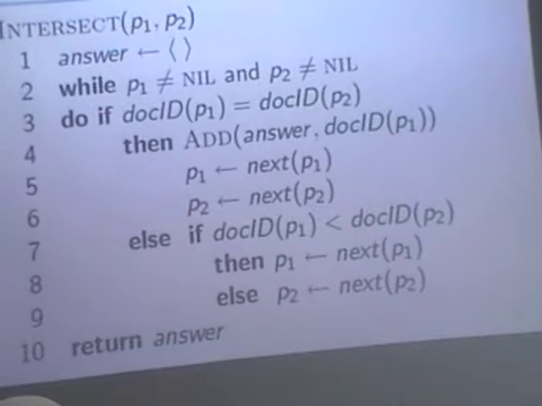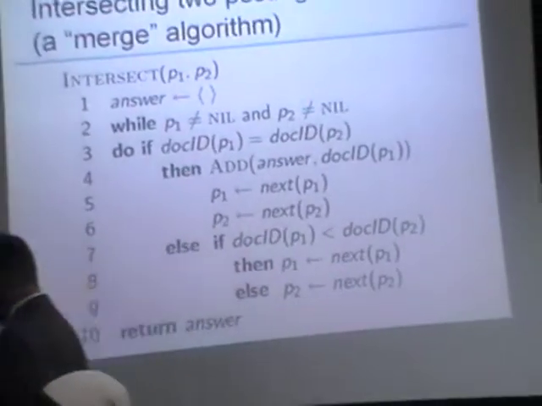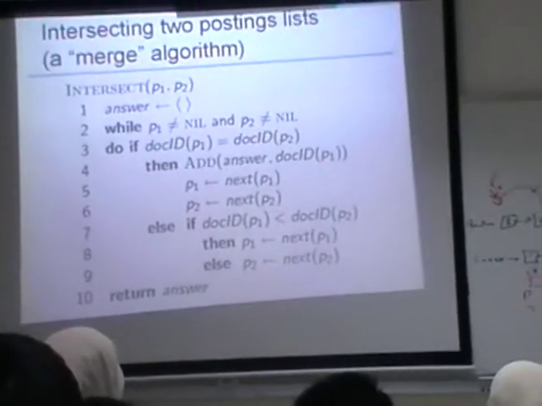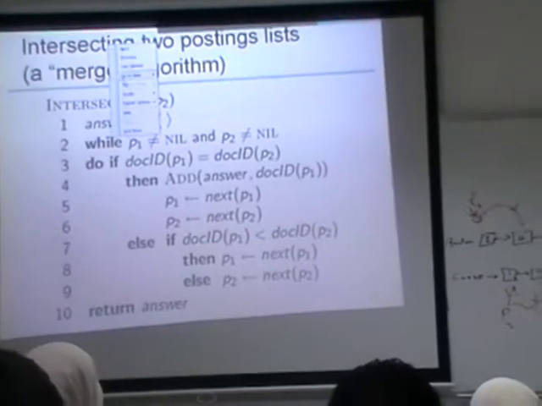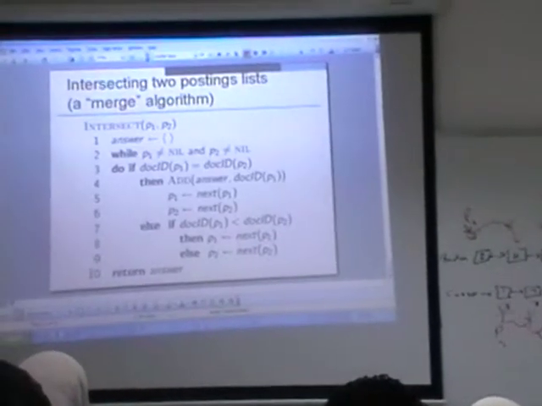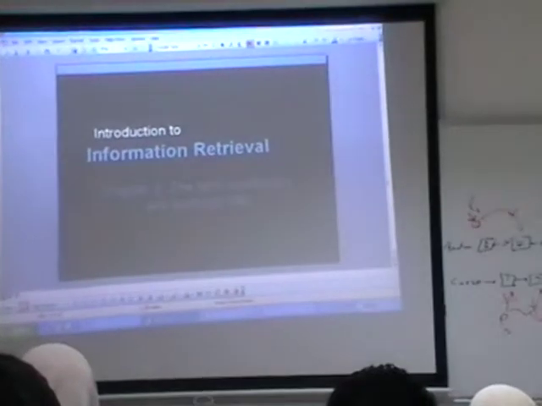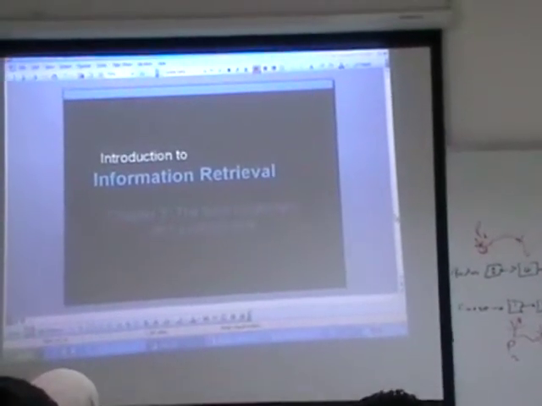Now, there is an improvement to the inverted index by adding skip pointers, and that will be in chapter 2. So we need to go to chapter 2 of the book, or the slides.